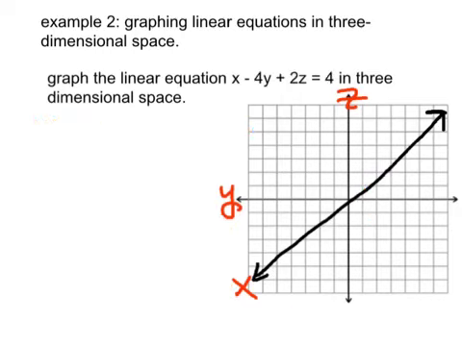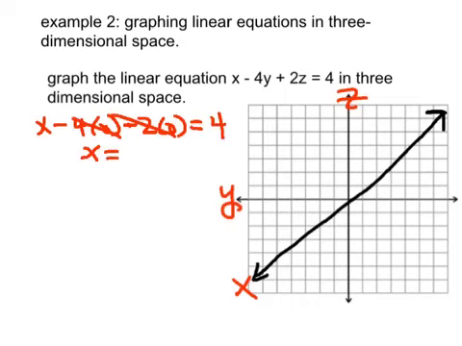Okay, let's try another one. So now we're finding each intercept. Our x-intercept: x minus 4 times 0 plus 2 times 0 equals 4. X equals 4. Our y-intercept, set x equal to 0, set z equal to 0.